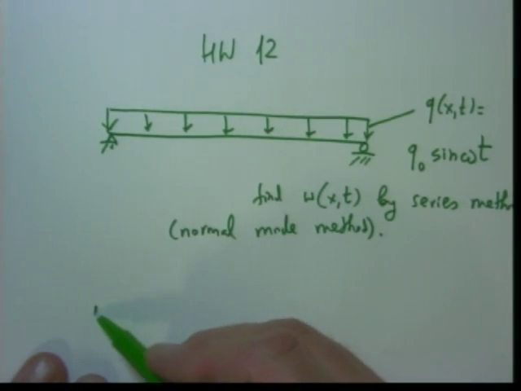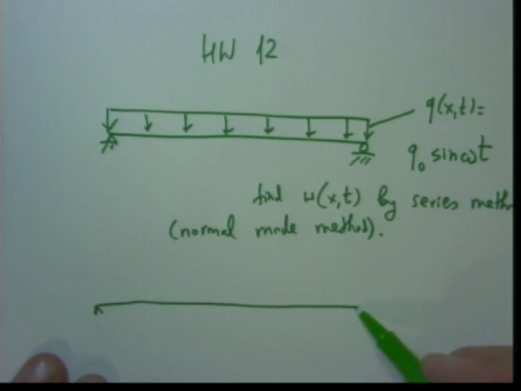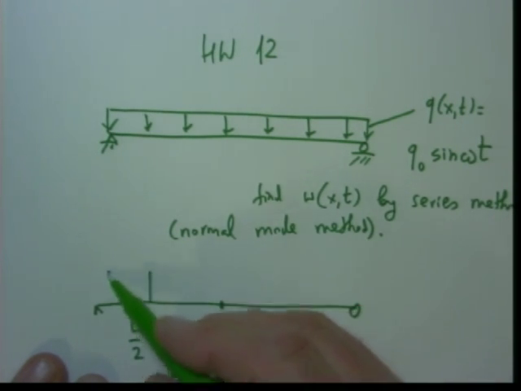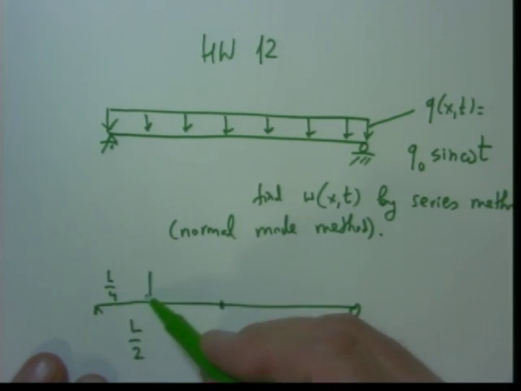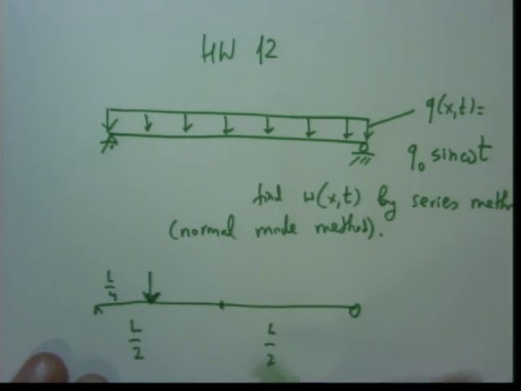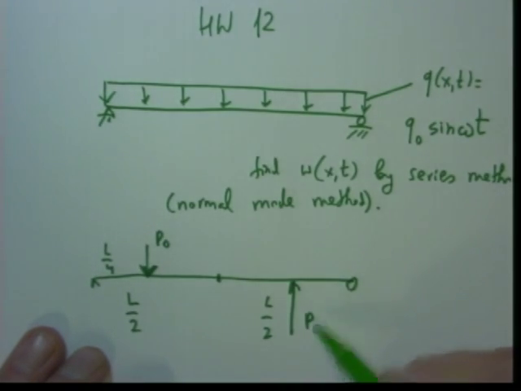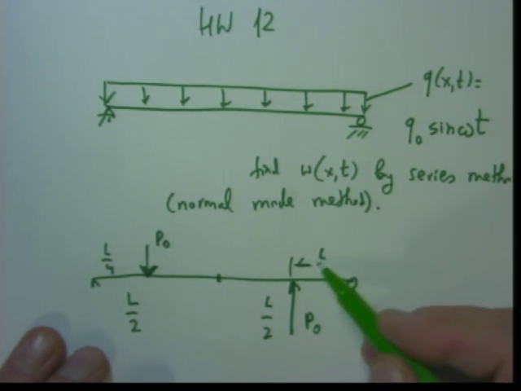Second, I would like to ask you the following problem. So that is the middle, L over 2, L over 2. So this is L over 4. Load is applied here, P0, and here is also P0 at a distance L over 4.